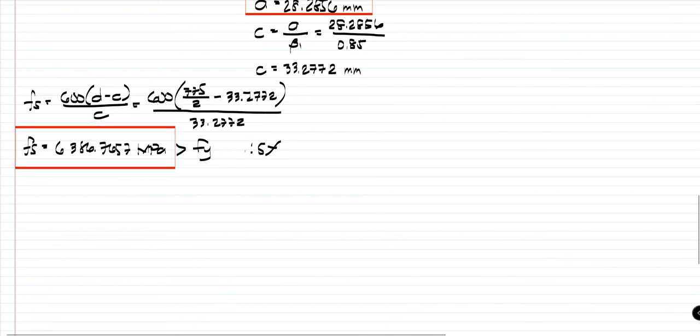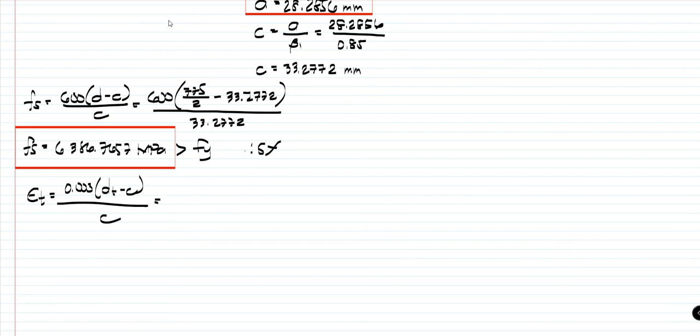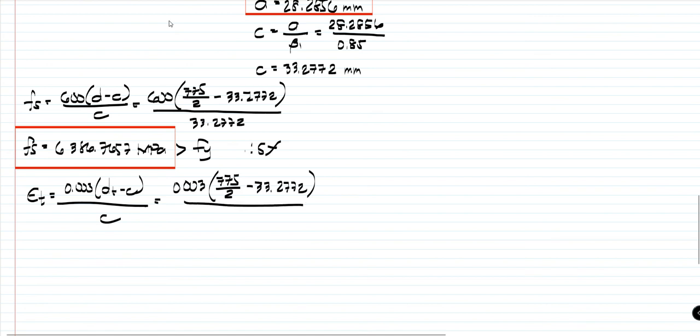So, to get the ultimate moment capacity for our beam, syempre dadaan muna tayo sa pagkuha ng net tensile strain para makuha si reduction factor. So, we have here yung epsilon sub t which correspond to 0.003 times dt minus c over the c. So, that will be equivalent to 0.003 times 775 over 2 minus 33.2772 divided by 33.2772.